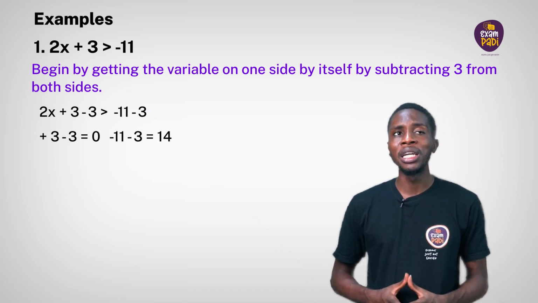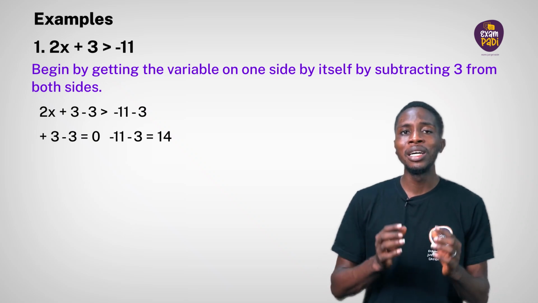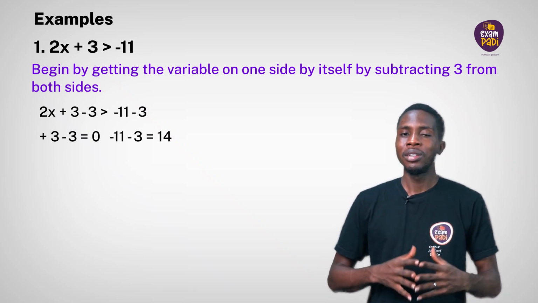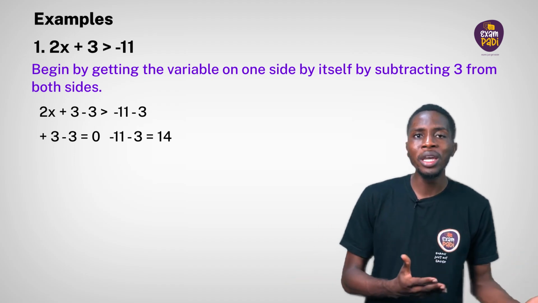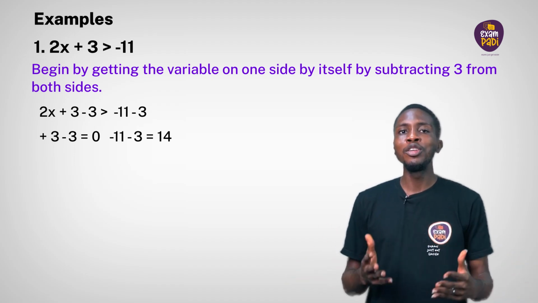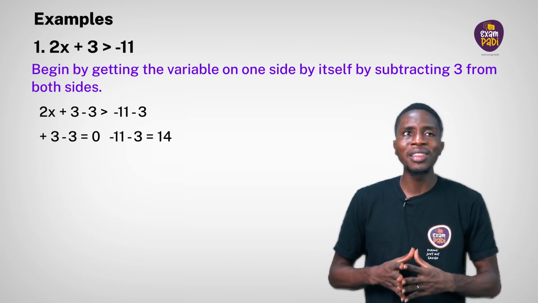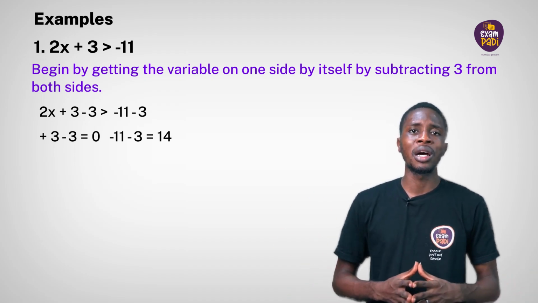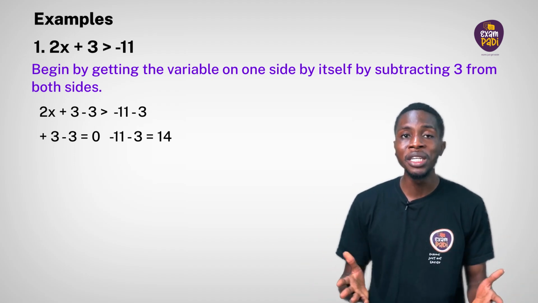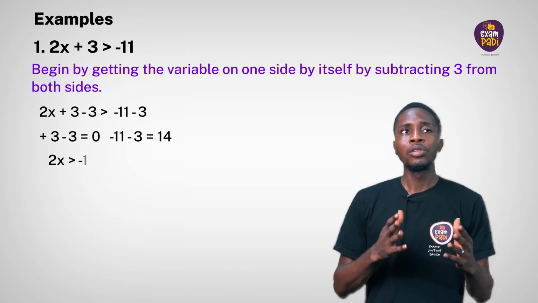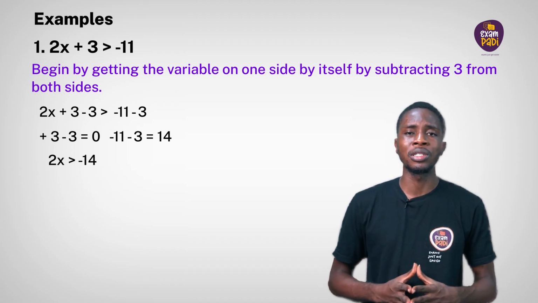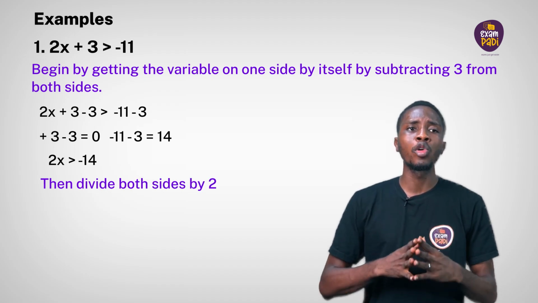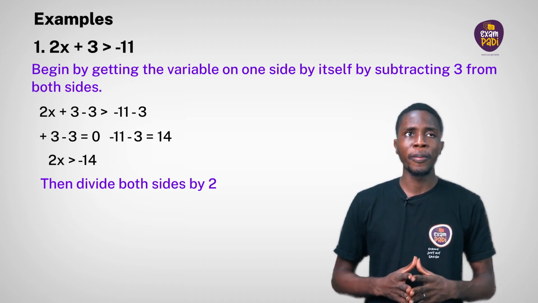I believe by now you should be able to add two numbers having negative signs. It simply means you are owing 11 naira and you still borrow another 3 naira. Altogether, you are owing 14 naira because minus sign means owing. 2x greater than minus 14. Then divide both sides by the coefficient of x, which is 2.